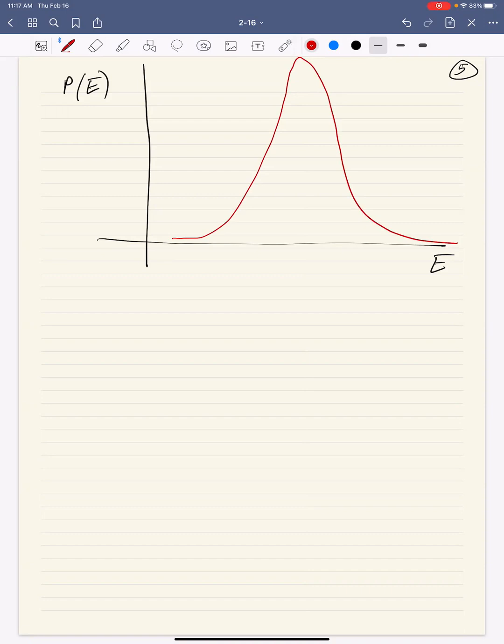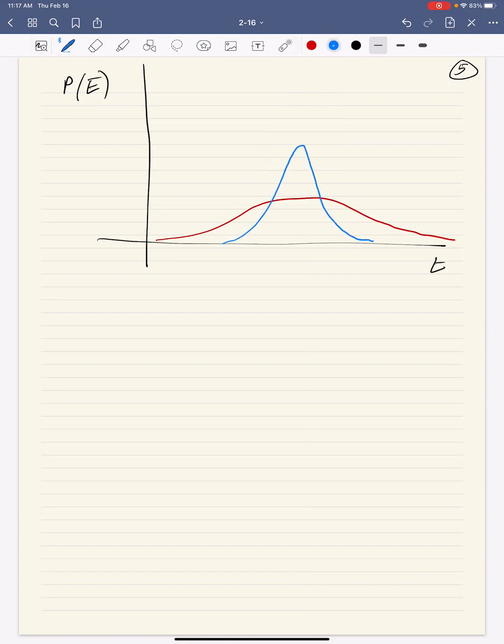And we will get back to the nature of the curve in a moment. As you increase the system size, it will start to look like this. I should worry about the normalization. As you make the system size larger, it will become tighter and tighter as n tends to infinity.